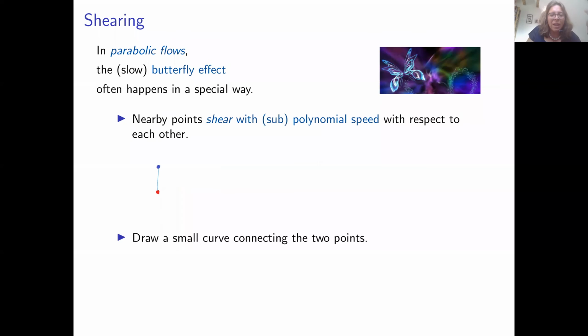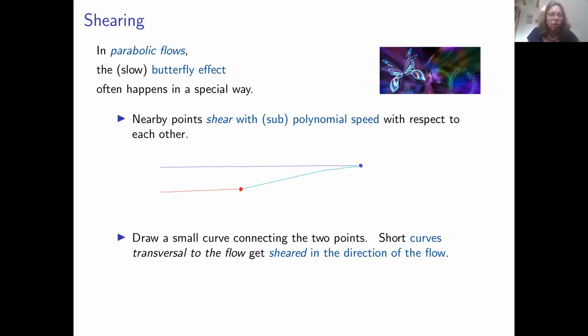If I look at the transverse direction, at an arc which connects the blue and the red point, you see that because the blue point is faster, the transverse arc shears, so basically bends like in the picture. So a short curve transverse to the flow gets sheared in the direction of the flow.